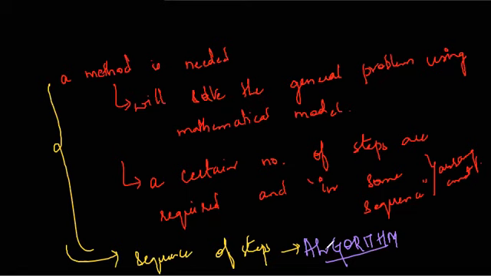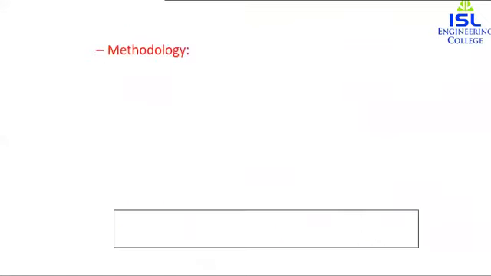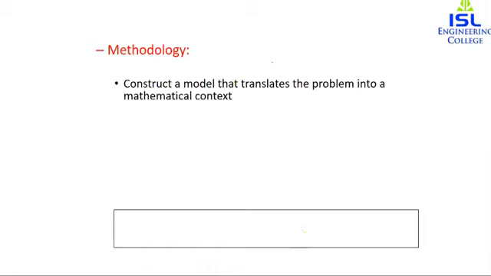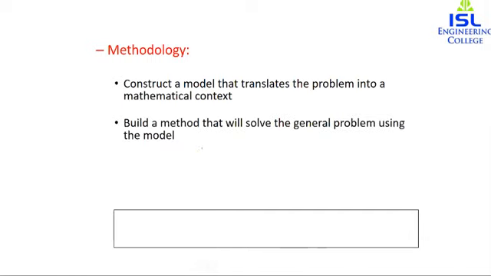Now let's see the methodology and the definition of algorithm. First and foremost, construct a model that translates the problem into a mathematical context. Then build a method that will solve the general problem using the model.